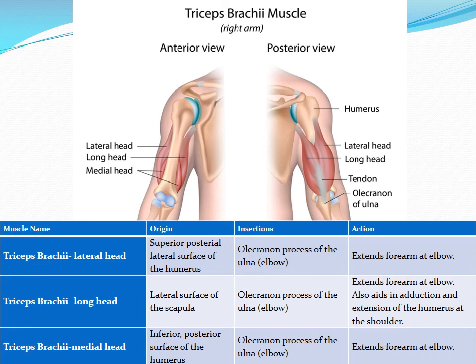Because they're going from either the scapula or the humerus to the ulna, their job as a group will be to extend the elbow. When they shorten, the elbow will extend. So once again, the long head will help with shoulder extension. All three will do elbow extension.